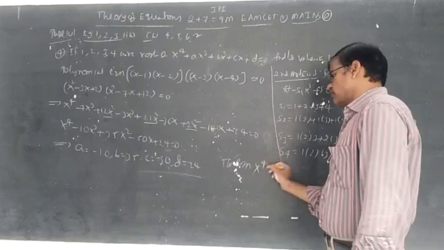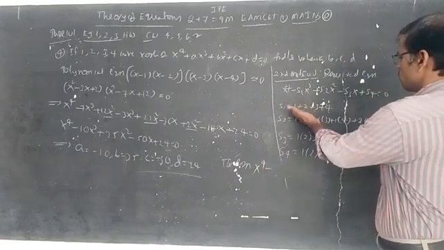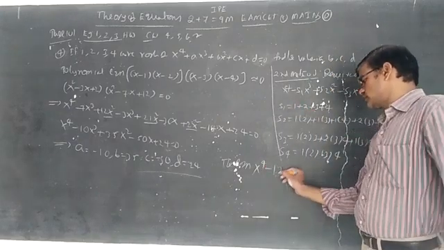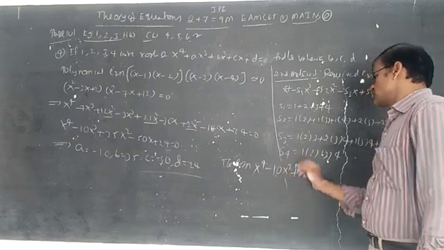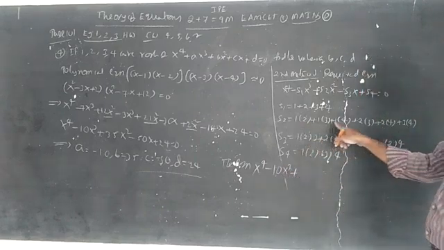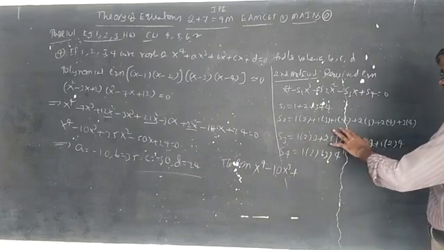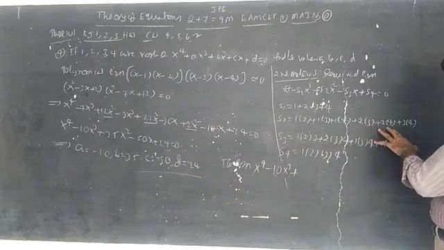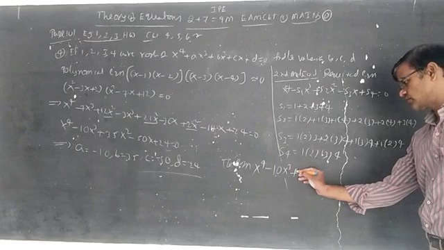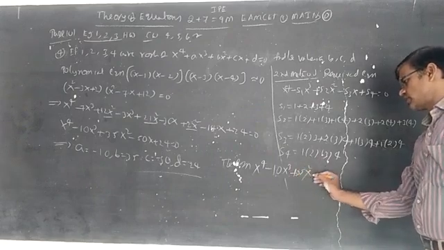Now, the equation you can write: x power 4 minus 10x cube. Plus 2 plus 3, 5, 5 plus 4, 9, 9 plus 6, 15, 15 plus 8, 23, 23 plus 12, 35. This is 35x square.